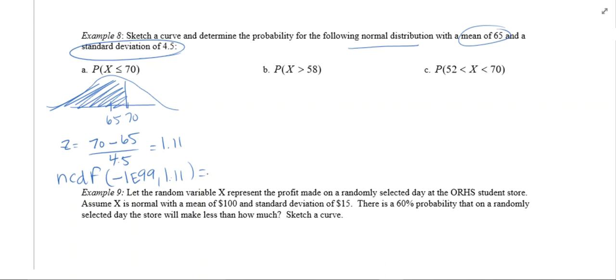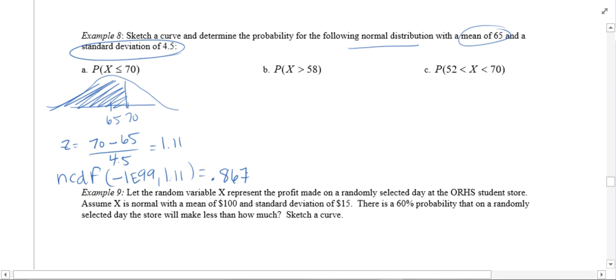Okay, so go ahead and help each other out if you can't find it. You go to second vars, which is where distribution is, normal CDF, and enter that in your calculator. So you should get 0.867. 0.86 is fine.